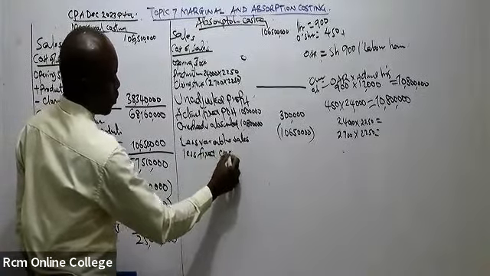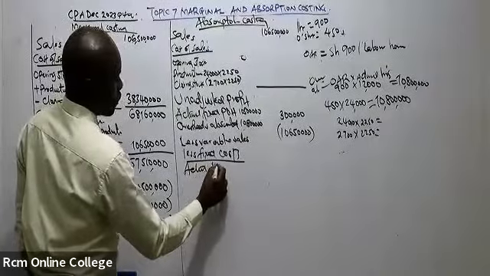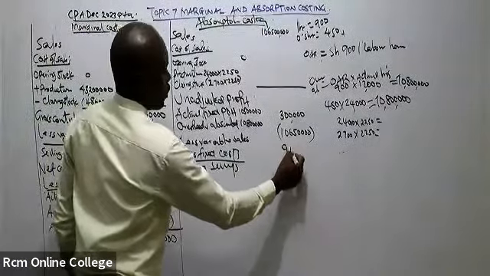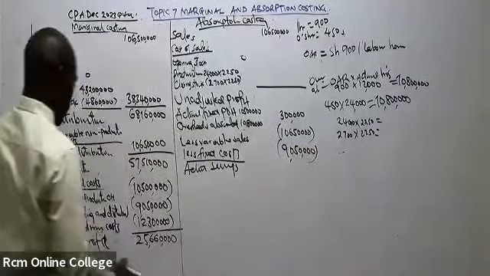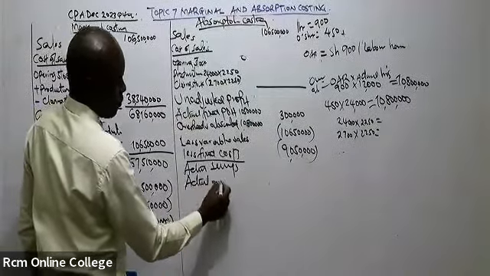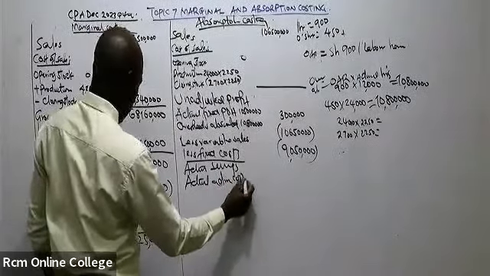So less fixed costs. Number one, we have actual selling, which is 9,050,000. Sorry for that, but I have to just give you this. Then actual admin costs of 12,300,000.